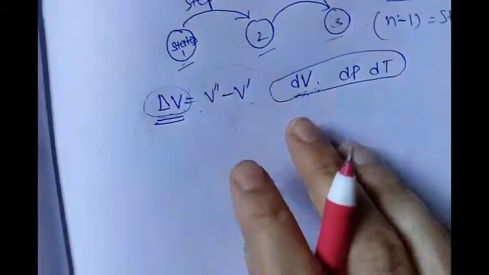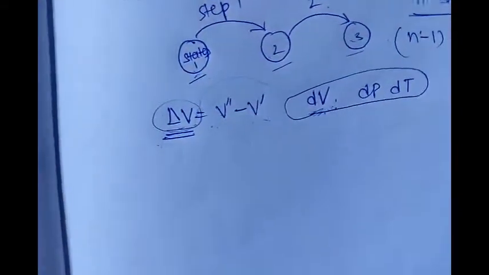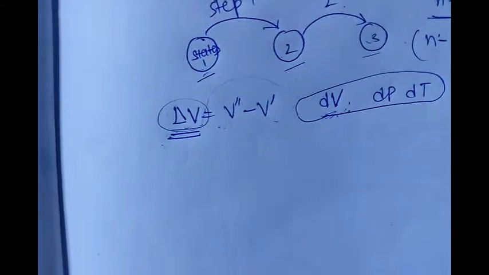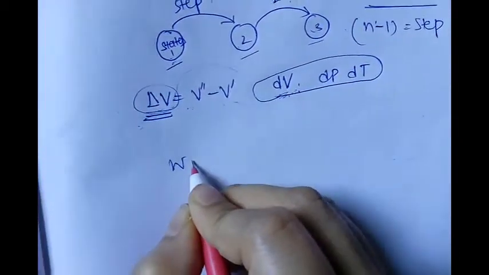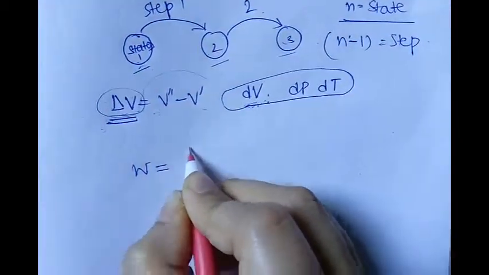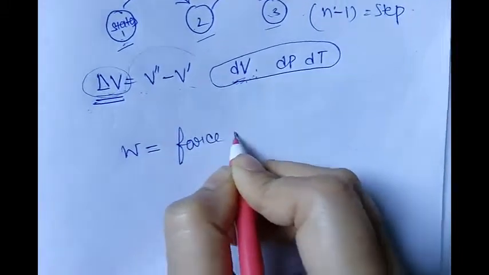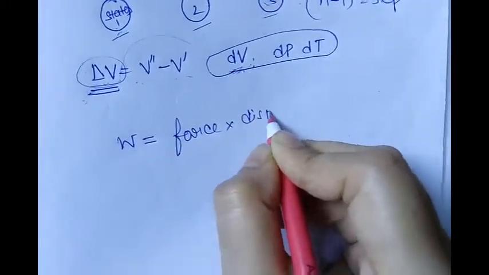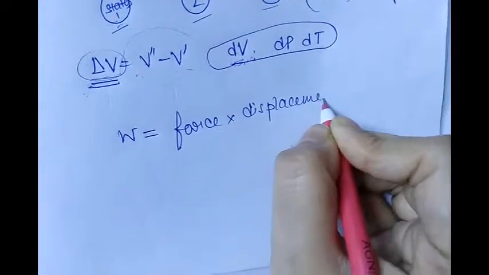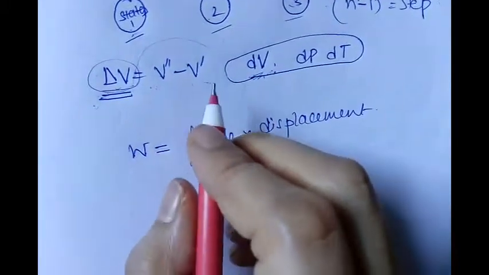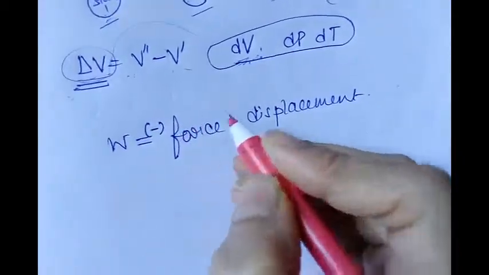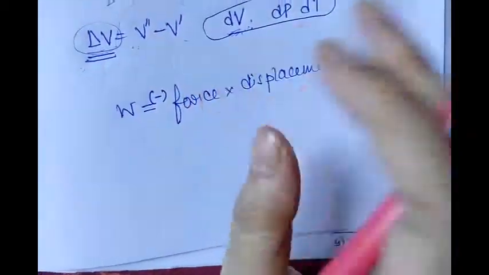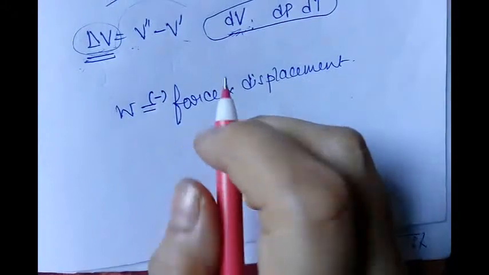So, now what will be the work done value? Work done, as we know, equals force into displacement. Here the negative sign comes due to the IUPAC system.